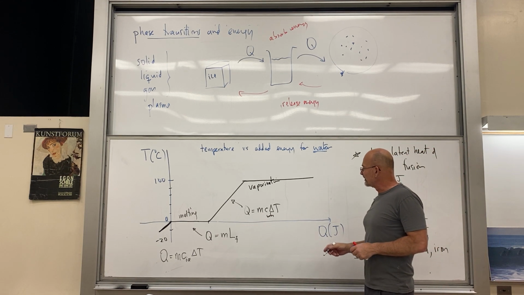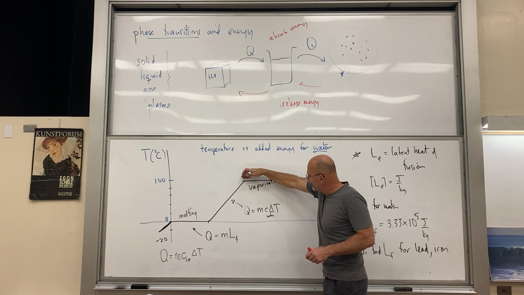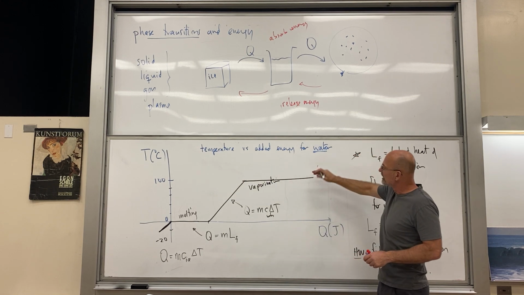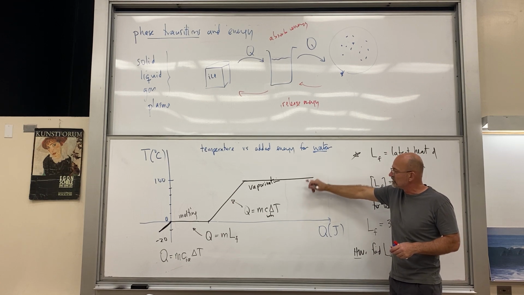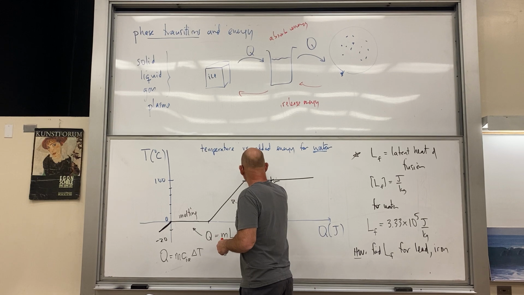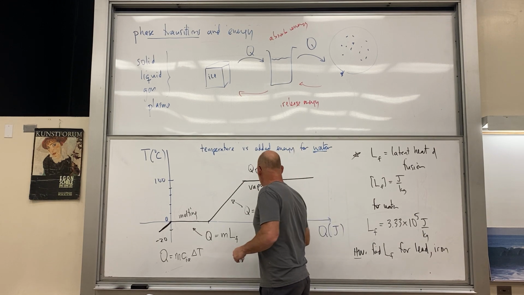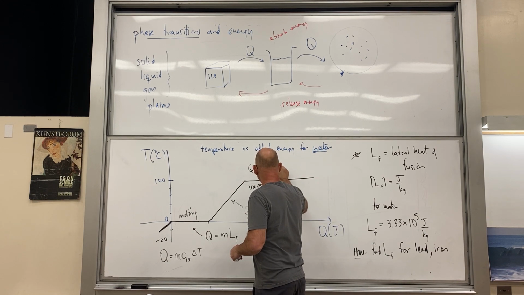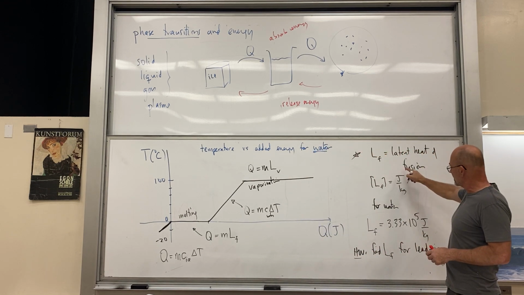So we've got the vaporization, and again, if it's done carefully, slowly, we're adding energy, but the temperature is not changing. That's what's so important about these horizontal lines. Temperature's not changing, and we have Q is equal to the mass times the latent heat of vaporization. So I had the latent heat of fusion. I'm going to erase this now.